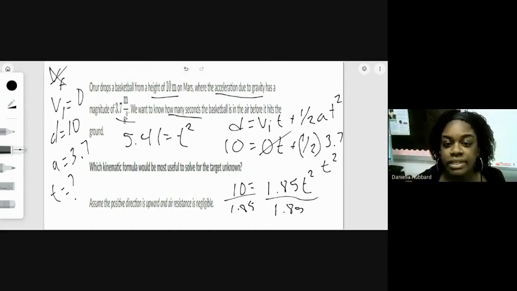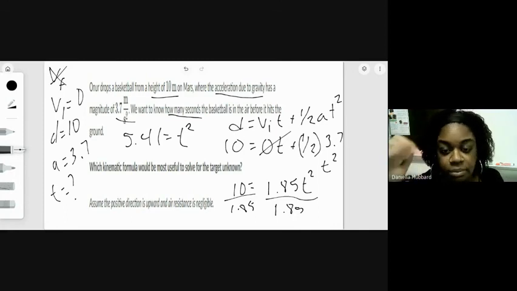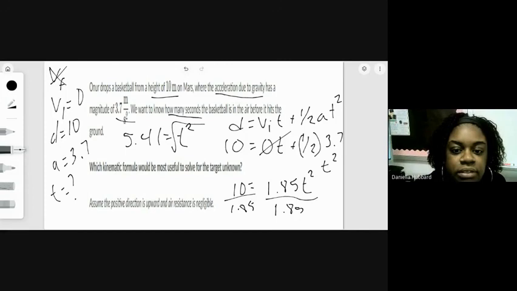We are not finished because we have T squared. So the opposite of squaring is taking the square root. So you're going to take the square root of 5.41.